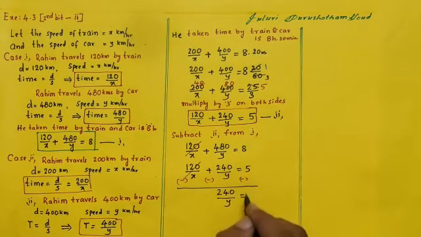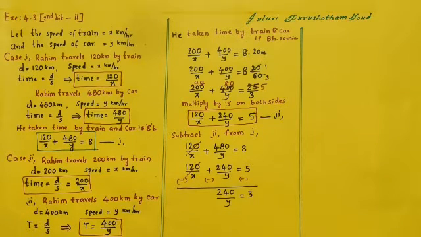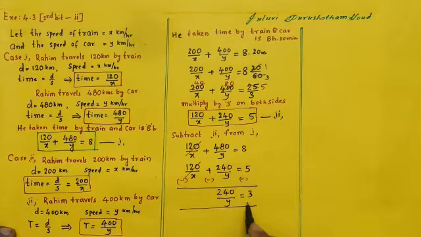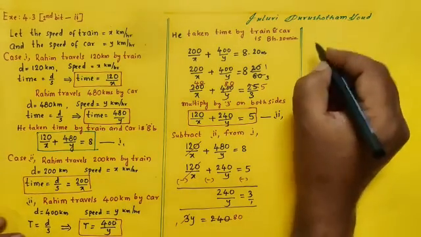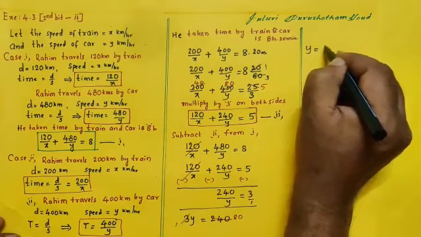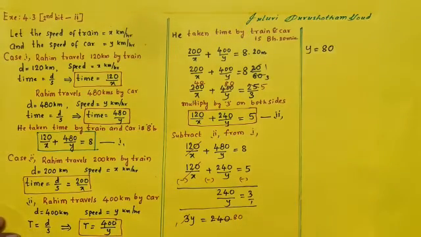Here 8 minus 5 gives 3. So do the cross multiplication: 3y is equal to 240. Cancel 3, 3 ones are 3, 3 80s are 240. So we got y is equal to 80.